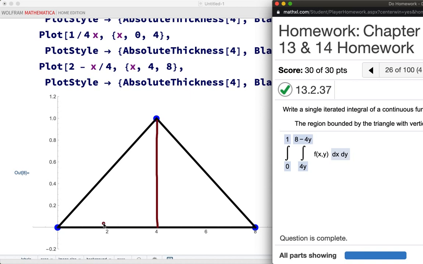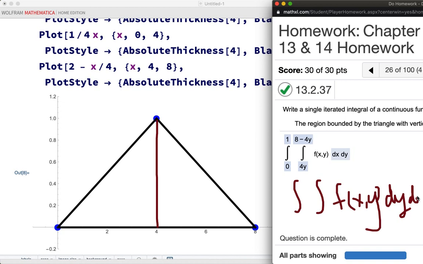Actually, doing it this way is extremely tedious.